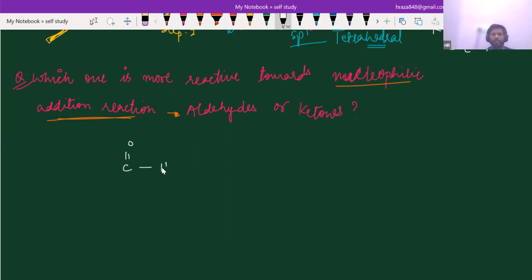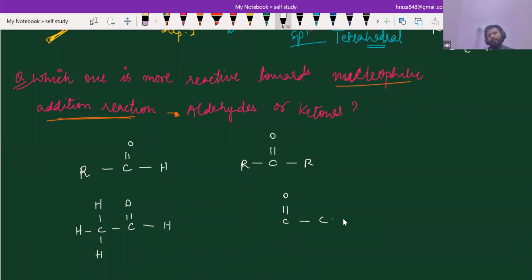This is your C double bond O and there will be an alkyl group, and this will be your R group. Just take an example of the lowest aldehyde, basically like this, ethanal. And the smallest ketone I am going to take.